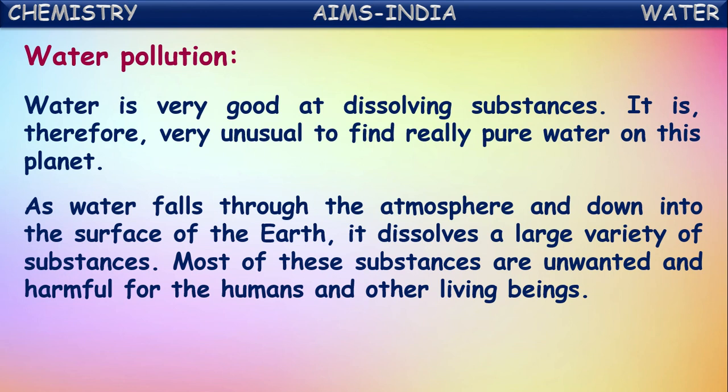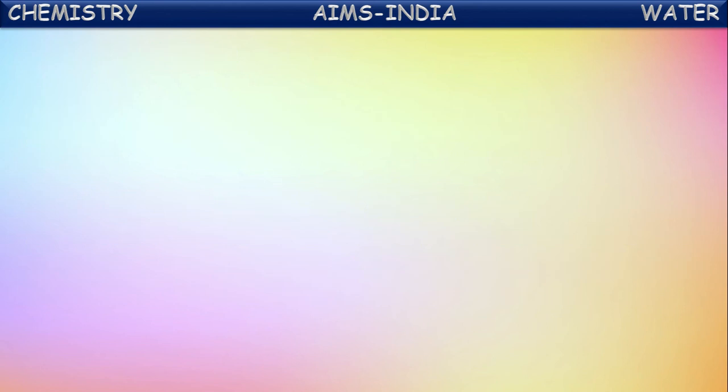Some gaseous components, impurities, and dust particles dissolve into this water while coming down onto the earth. So most of these substances are unwanted and harmful, not only for humans but for other living beings also. Thus, water becomes polluted by dissolving these substances.